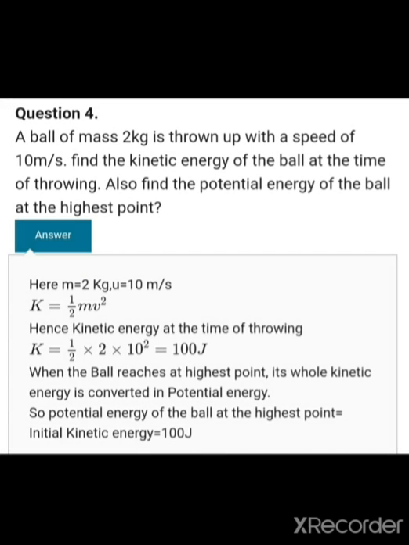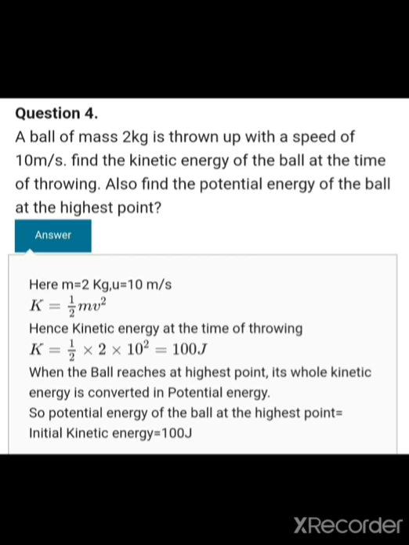Now coming to the next numerical. A ball of mass 2 kg is thrown up with the speed of this one. Speed is given, mass is given, kinetic energy we will find by the formula half mv square. Now you have to also find potential energy at the highest point.